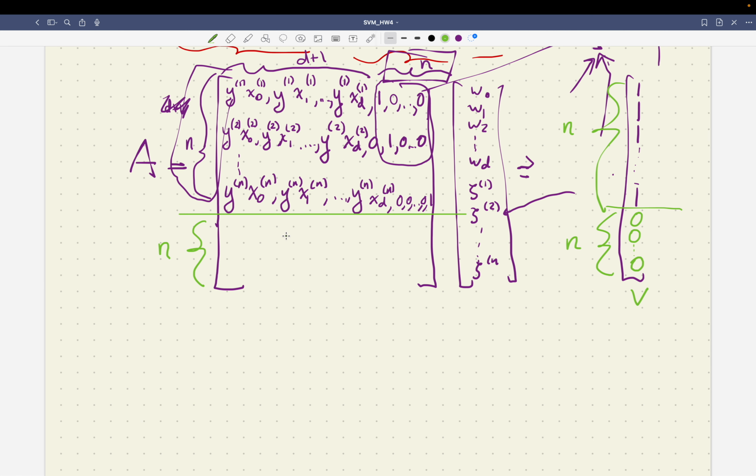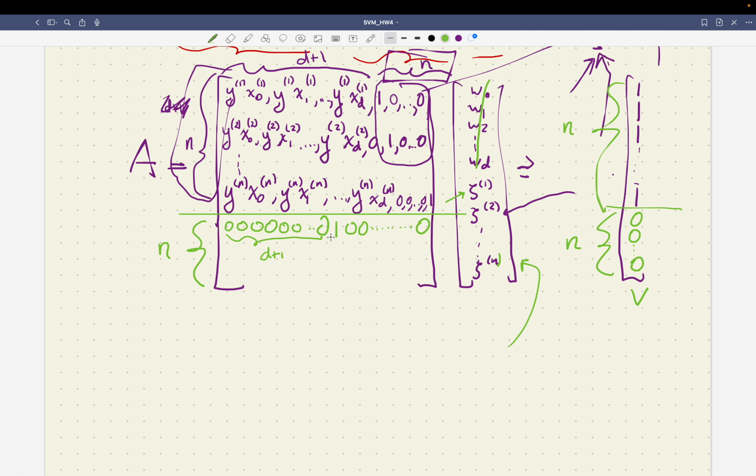And so how are we going to pick out these slack variables when we do this matrix multiplication? We don't care at all about the w's. So we're going to have d plus 1 zeros here in every row. And that's going to basically nullify all that. And now we do care, at first, about this first guy. So we'll put a 1 there, and then zeros everywhere else.